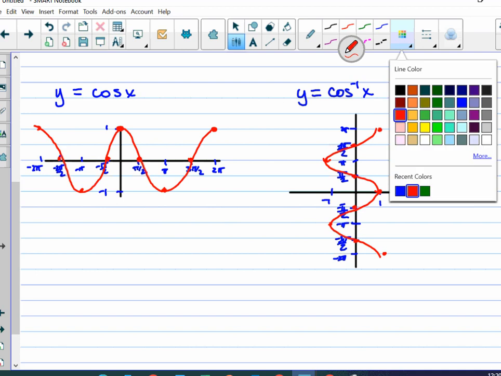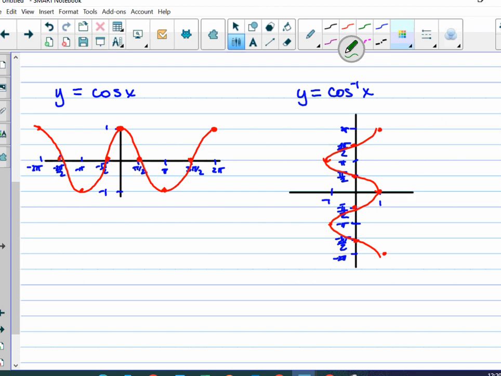Okay, the window we are picking this time is what? 0 to pi. We're going to go 0 to pi. There are other ones that would give you a function, for sure, but 0 to pi is the one we are going to use.